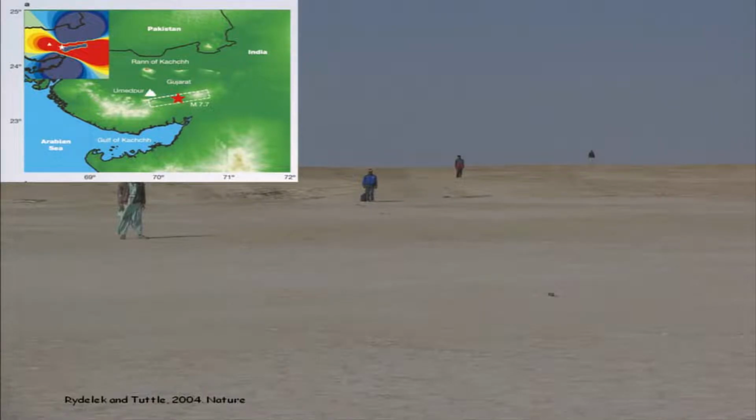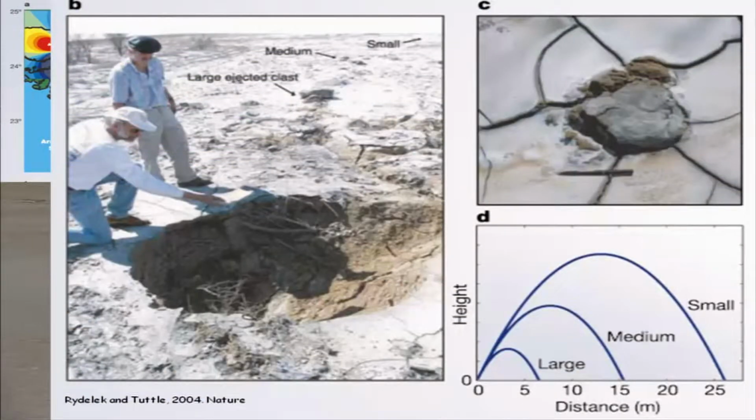In the 2001 Bhuj earthquake, in the Great Rann of Kutch, people experienced strong ground shaking, and the formation of craters was also identified. What they identified was that during strong ground shaking and liquefaction, such craters are formed because of explosions, we can say, because of the change in the pore water pressure.